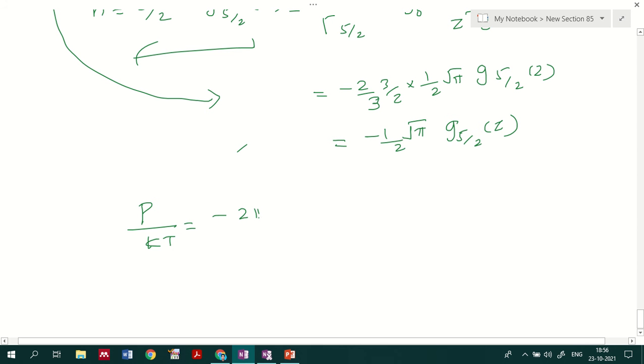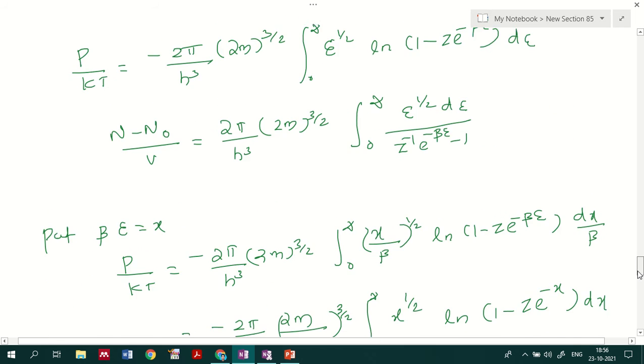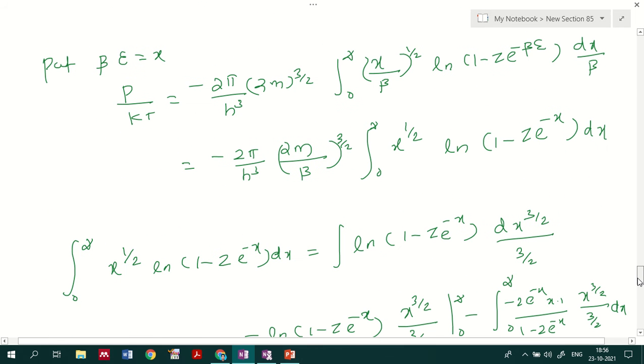Now if you substitute back this representation, what was this? So this was the representation of this particular function. Okay, so I can write it out.